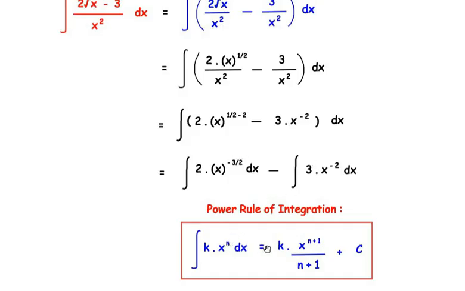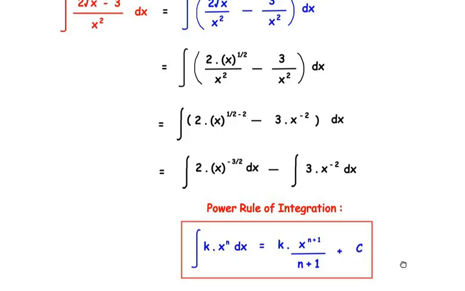This is equal to, according to this rule, the constant written as it is, times x to the power of n plus 1, divided by the same power, that is n plus 1. And since this is an indefinite integral, we have to add the constant of integration, that is plus c.